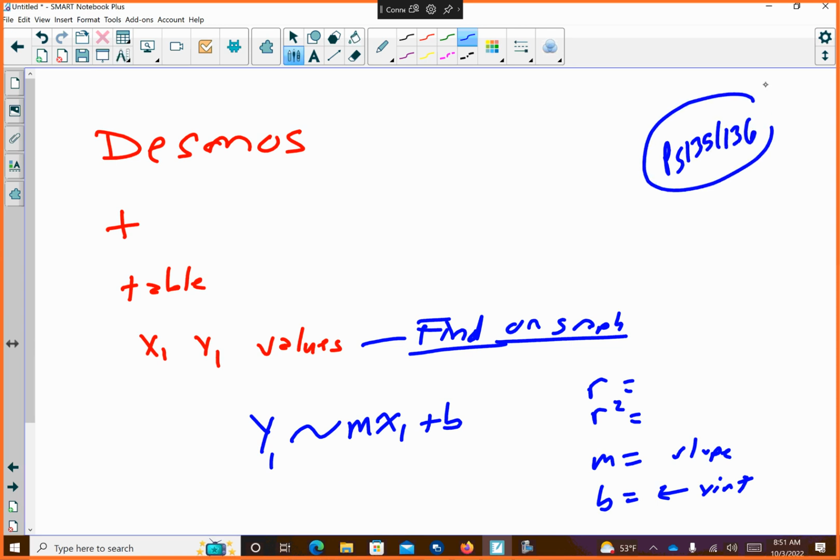And I'm happy to help you on any of those. Should be pretty good to go. It looks like you can plug your data into Desmos. On the very first one where it says high temperature, I'd say high temperature would be your X value. Number of visitors would be your Y value. Cool?